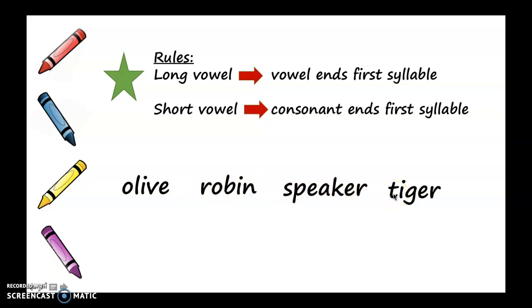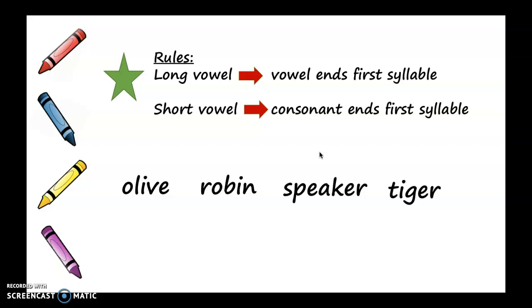What I would like you to do is to pause this video, and then with your learning guides, I would like you to see which ones you would chunk as a long vowel and which words you would chunk as a short vowel using these two rules up above. Ready? You're going to pause this video. You can even write these words down if you'd like. Chunk them in the right spots and then come back to my video to check your work.